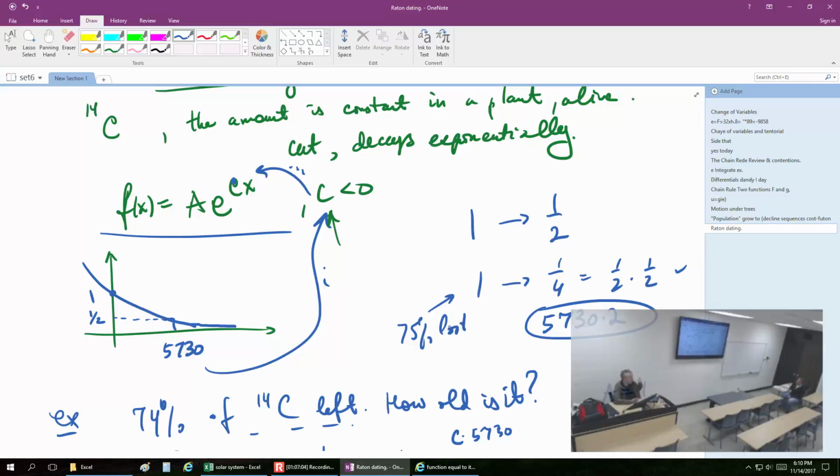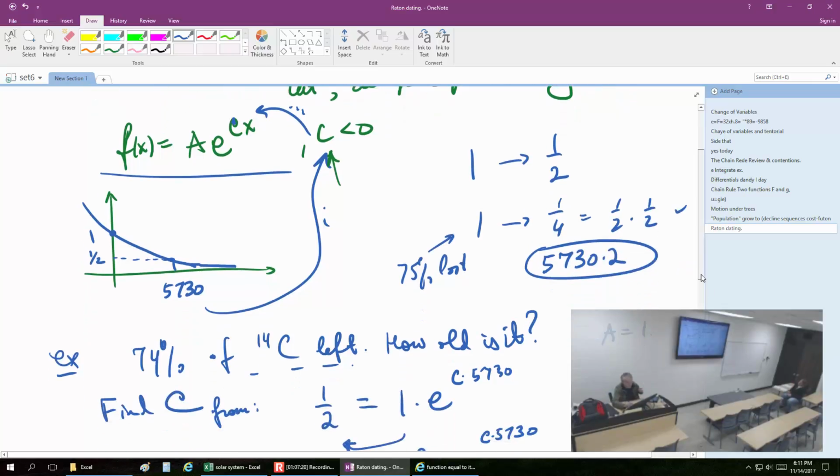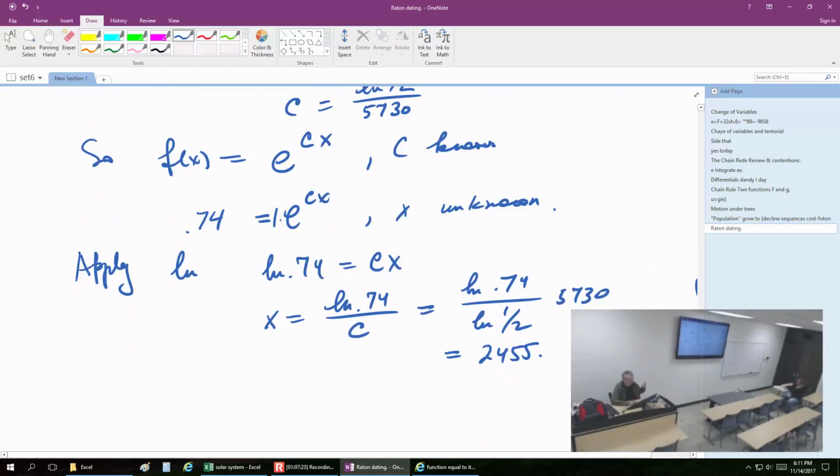If you're doing a quick computation in your head, and you know that 75% is left, then you roughly take 5730 and divide by 2. But that's an approximation, only done very quickly. The more accurate computation is the one we did. Okay, so we'll do a little bit more of this next time.